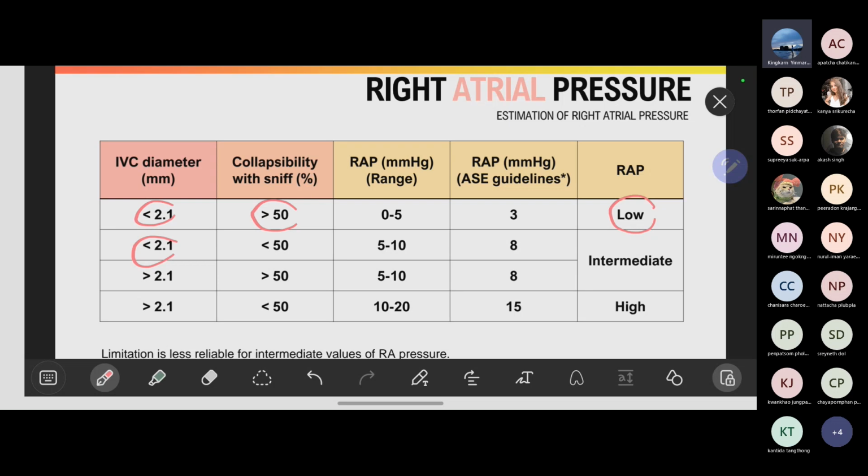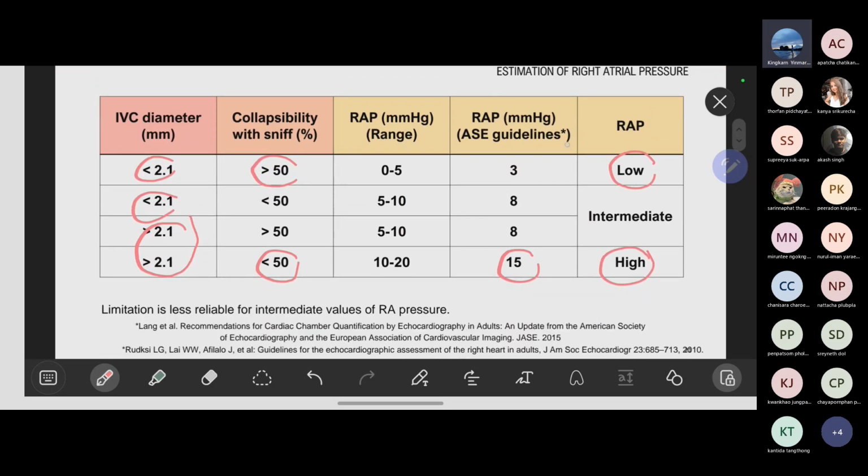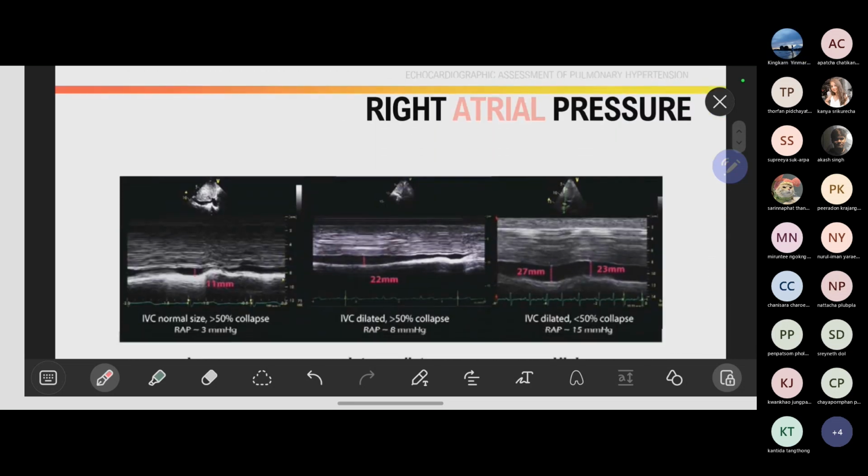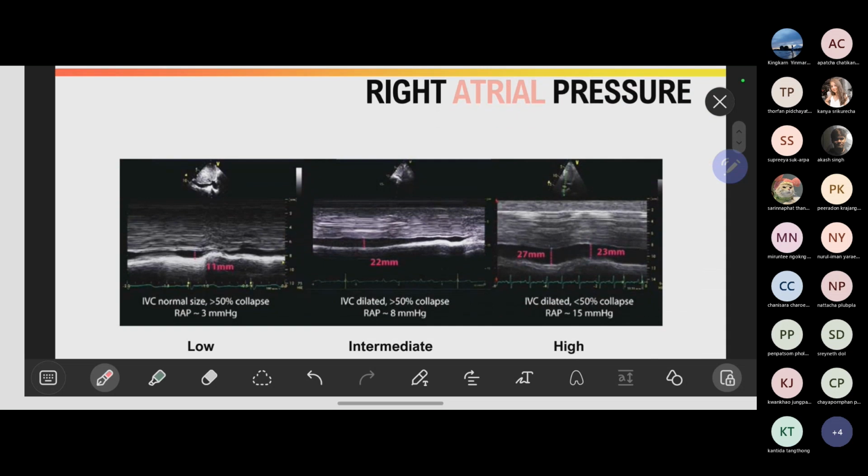If the IVC dilates with reduced IVC collapsibility, it suggests high right atrial pressure of about 15 millimeters of mercury. This is recommended by the ASE guideline. And this is an example of estimation of right atrial pressure.